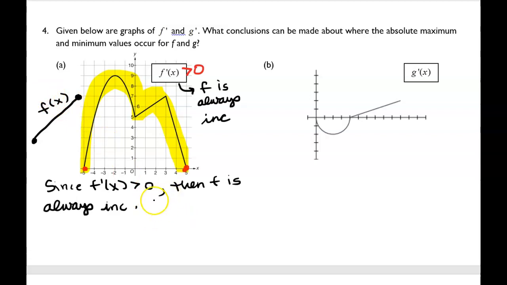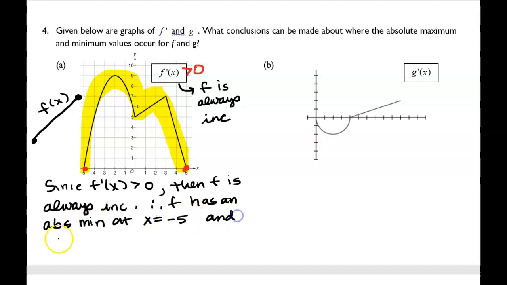So what I can say is, therefore, f has an absolute min at x equals -5 and an absolute max at x equals 5. Now I cannot tell what those values are, I can only tell where they occur. If I had my original function, I could figure out what the value is. I just know that that's the smallest and that's the biggest.